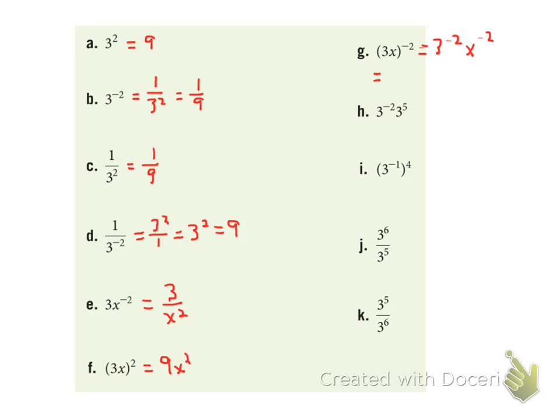The 3? Not the 3. Notice both of those are negative, so both of them are going to have to move to the denominator. So what's in the numerator? 1. Exactly. So when you move them to the denominator, the exponents become positive. So the final answer would be 1 over.